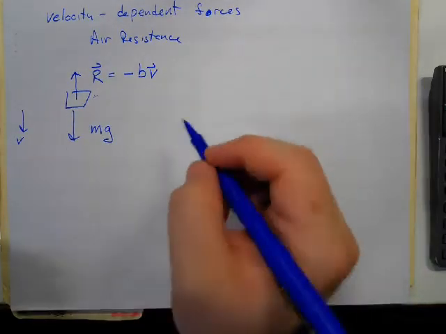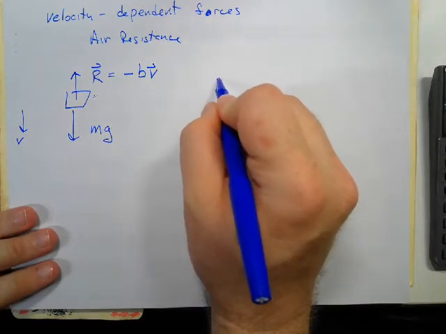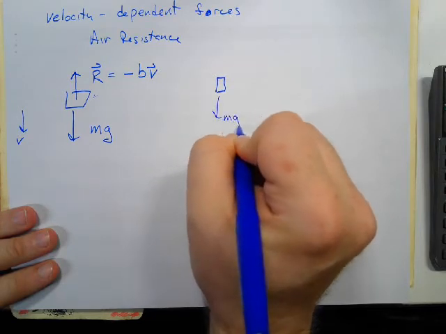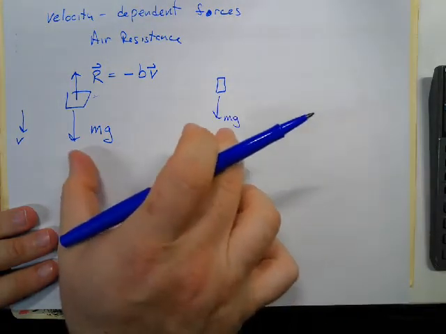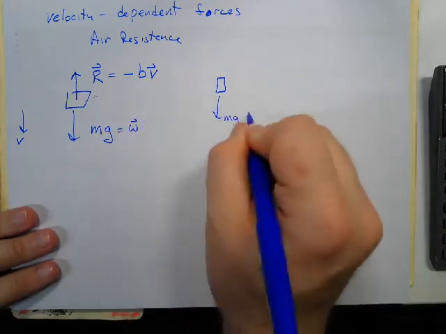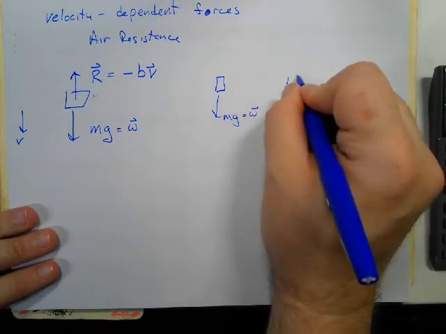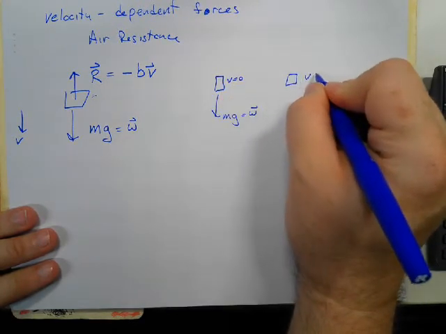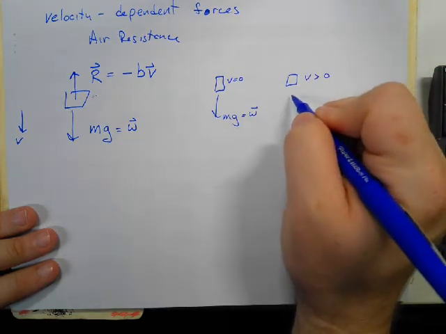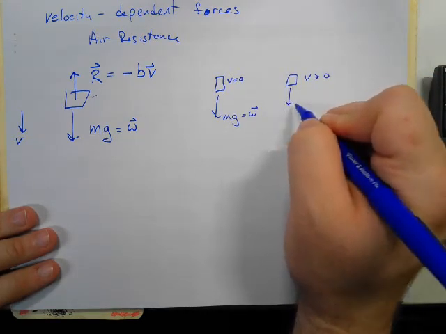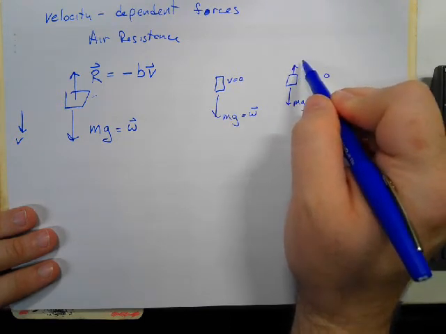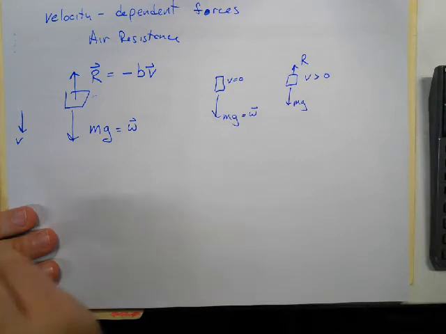When we first drop it, I'm going to do a couple of sketches. When we first drop it, there will only be the mass times g, and that never changes. The weight's fixed. But later on, after it's fallen a little distance, so this is v equals 0, v slightly greater than 0, then there'll be an upwards force, which can't be very big, but it'll have a non-zero amount.